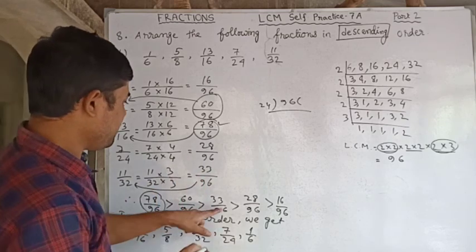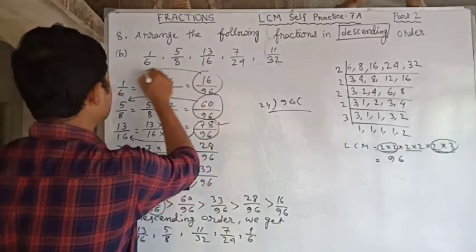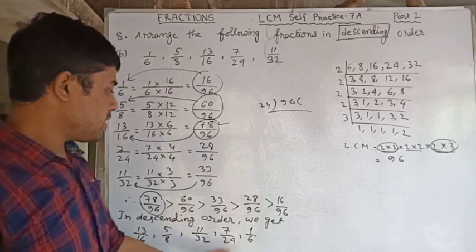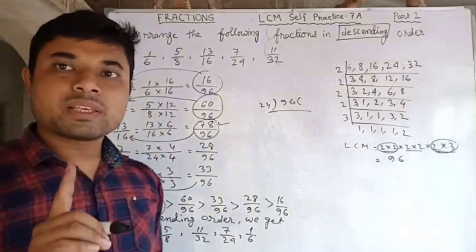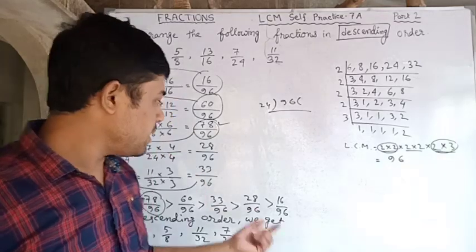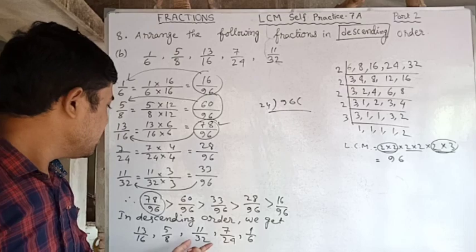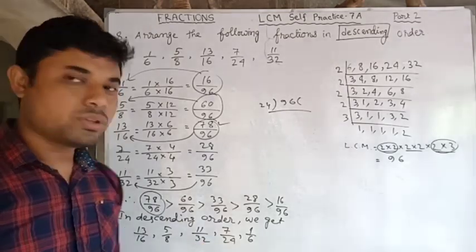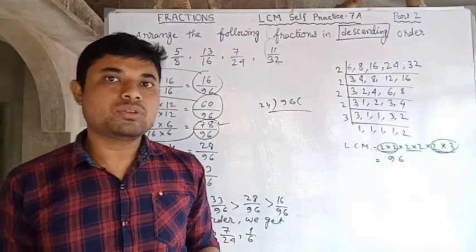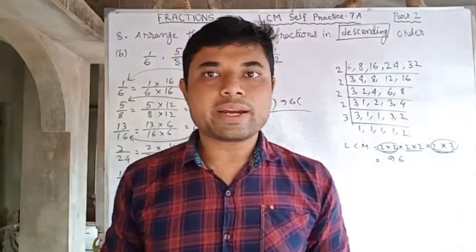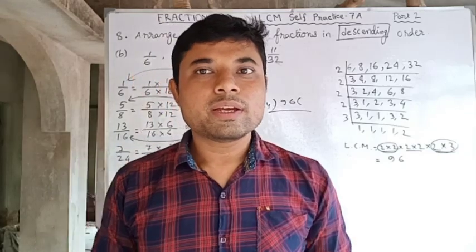Similarly 7 by 24 and 16 by 96 means 1 by 6. You have to write up to the given fractions, not the equivalent fractions. I hope that you have understood today's class. Practice all and do the left sums. Okay, thank you.